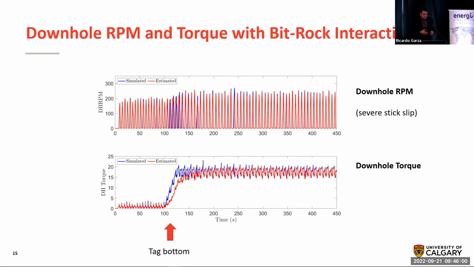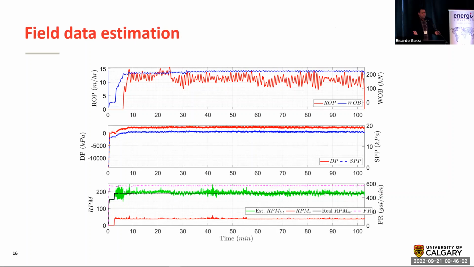So if we now look at field data, what does this start to look like? Here's an example where we have a fairly constant weight on bit, that's the blue curve. Your ROP, the red curve, is oscillating a little bit, but still fairly consistent. Your differential pressure is a nice flat line, so you have a constant torque.